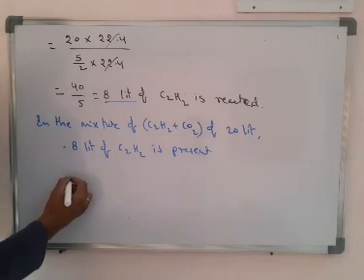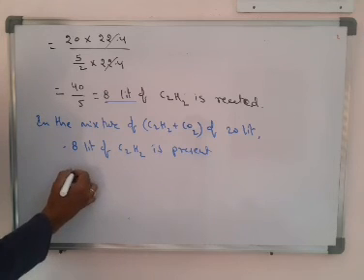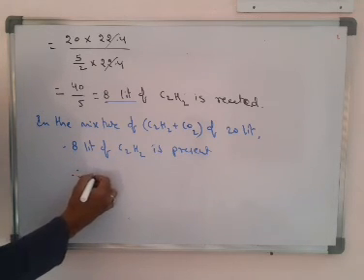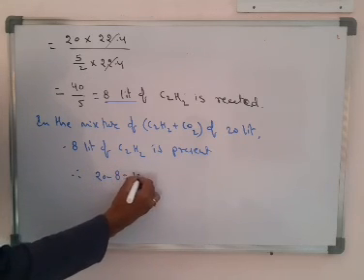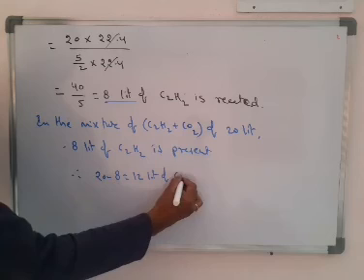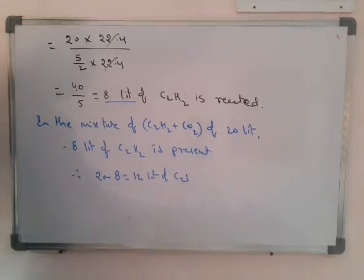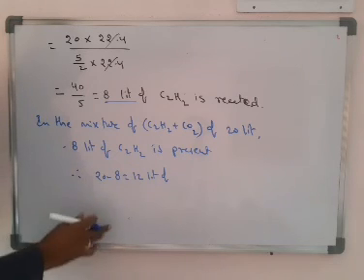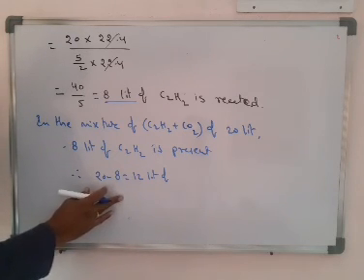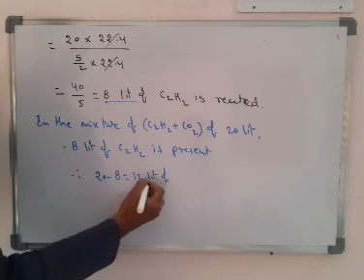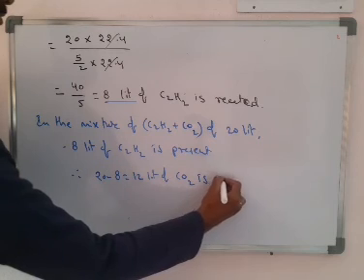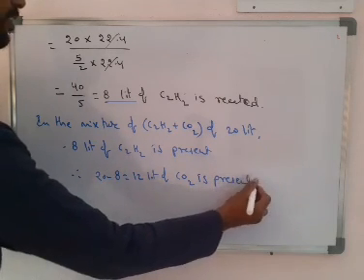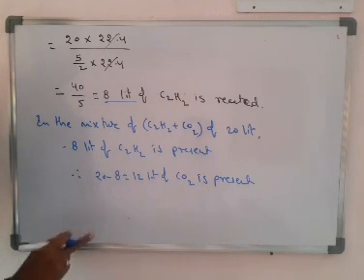Then what about carbon dioxide? How much carbon dioxide is present? Here 12 liters of carbon dioxide is present, out of 20 liters total.